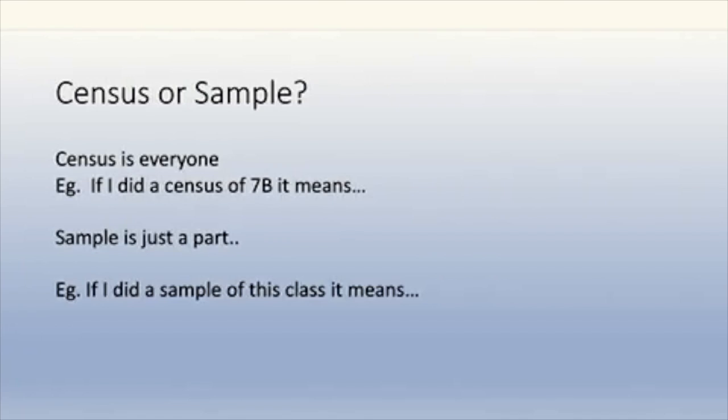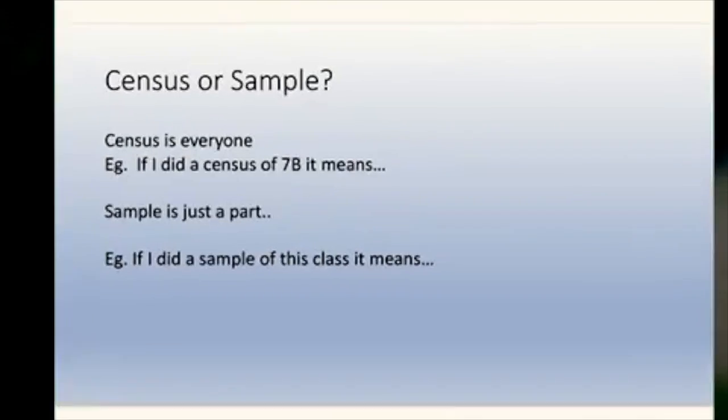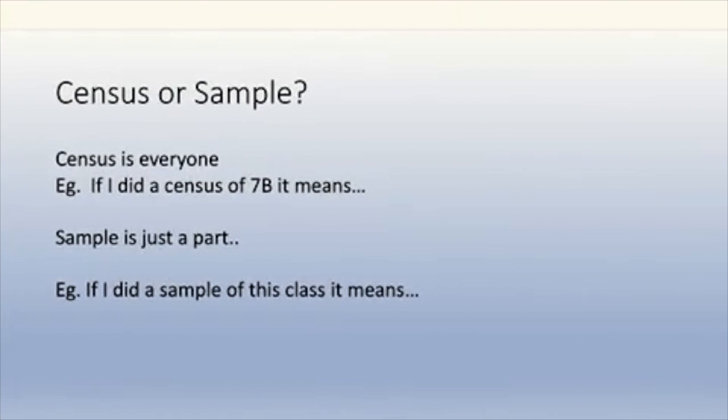Okay, census or sample. All right, so this is an example that we can do together. A census is everyone. So if I did a census of 7B, it means I surveyed everyone in 7B.